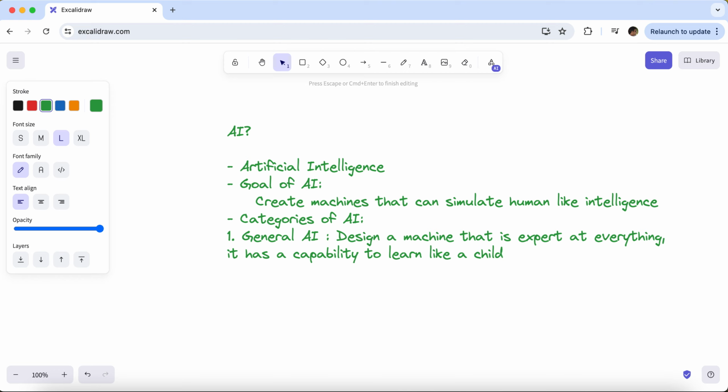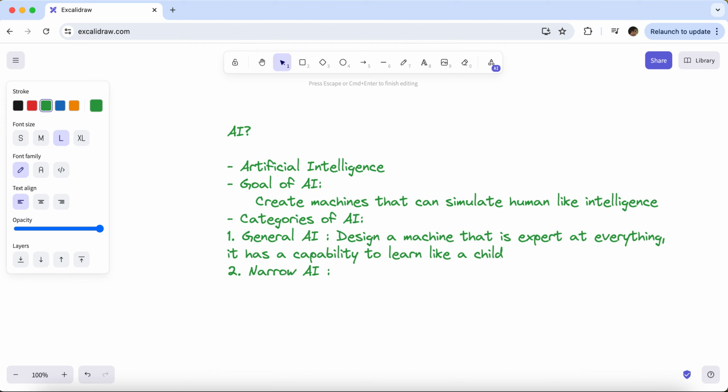So that means the second thing that we have just written, a machine which has the capability to learn like a child, can achieve any kind of skill set basically. So this comes under the general AI category. Now the second category of AI is called narrow AI.